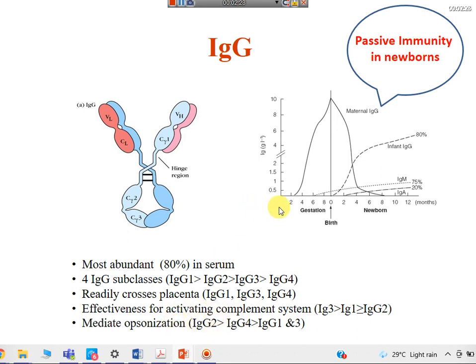As I told you, IgG is the only class that can cross the placenta. If you see how this provides passive immunity to newborns, here is a timeline. The first half, just before birth, shows the gestation period, and then the postnatal period of the newborn.